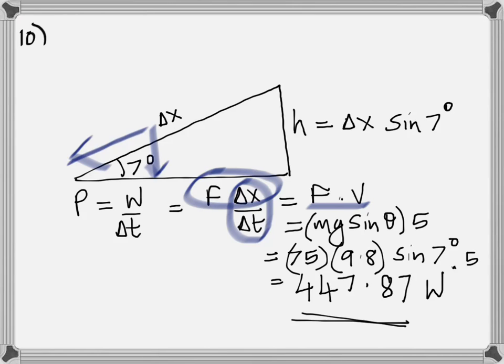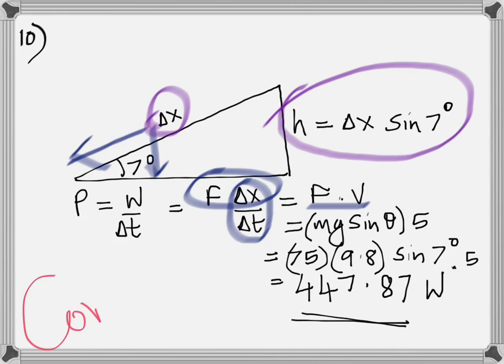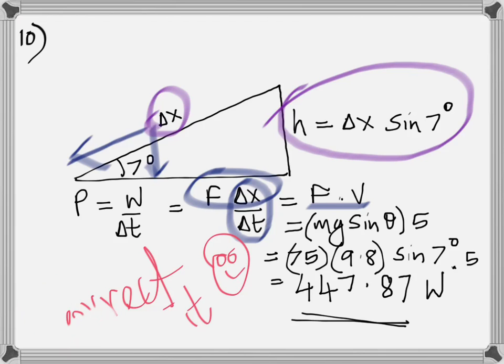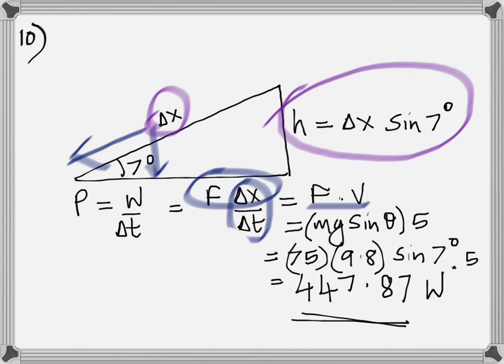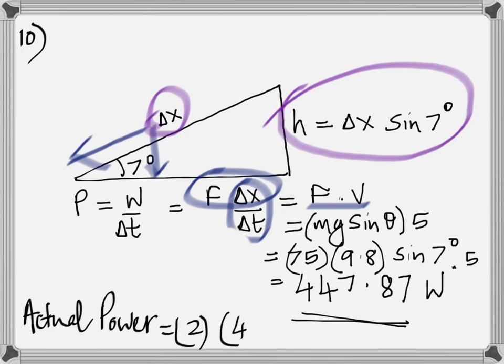But there is friction. And to correct it, if there is friction, what you have to remember is that you have to do twice the work. You need to have twice the power.